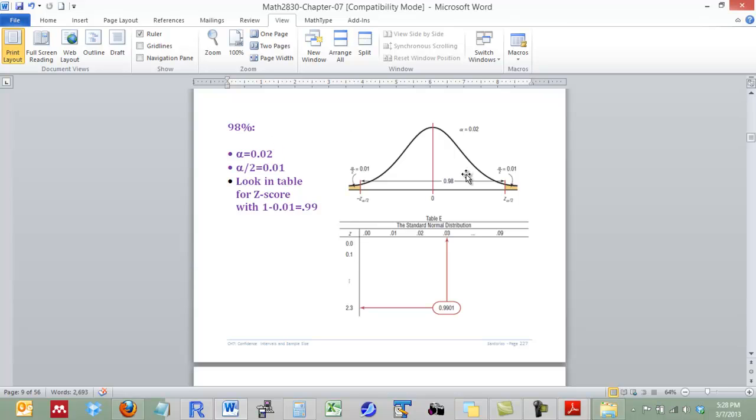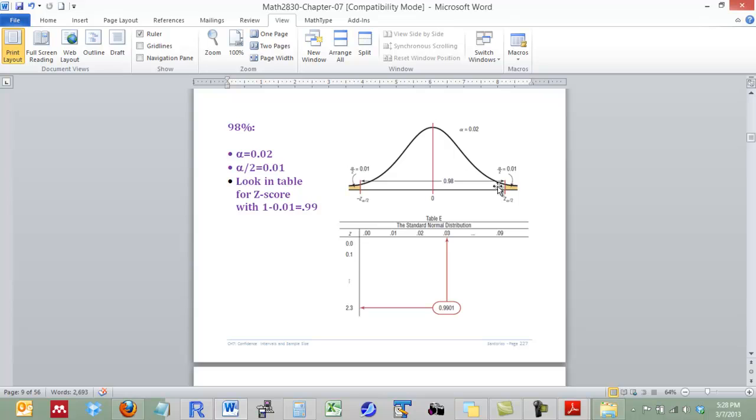And then what we need to do is actually split it in between the tails. That's why I have this alpha divided by 2. So I'm going to have 98 in the middle, and then 1% in each tail. And so the z alpha over 2 corresponds to having the 0.01 above it. So alpha over 2 above, or 1 minus alpha over 2 below.